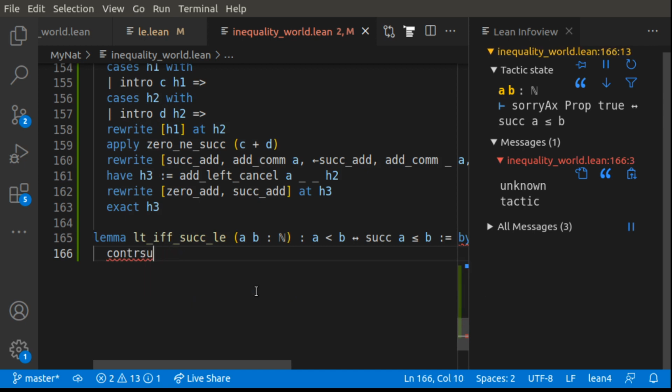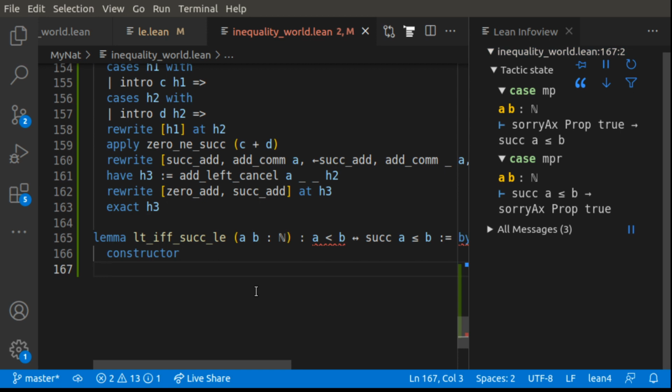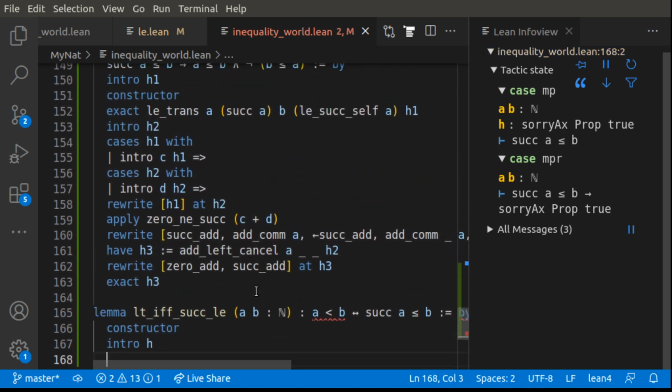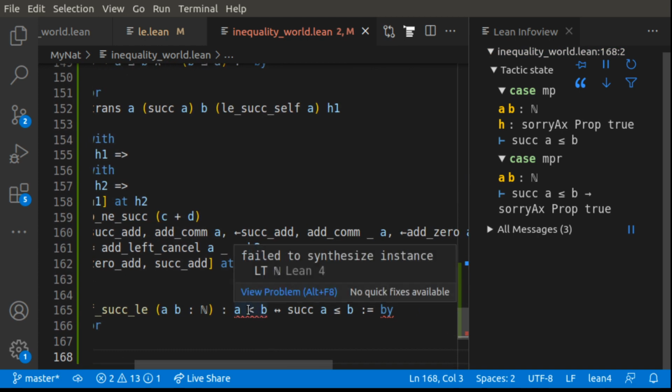Constructor. Intro A, let's see, A, B, oh no, intro H. Why is this not happy?